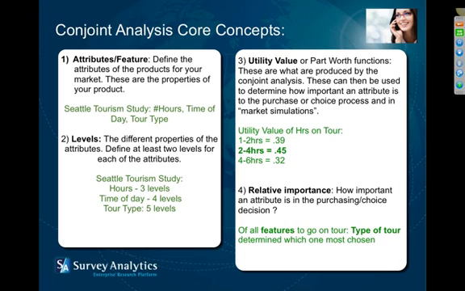So you can say things like the type of tour determines which one is most chosen. And you can make this determination based off of the relative importance calculation that we have given to you. So we'll show you an example of that here shortly.